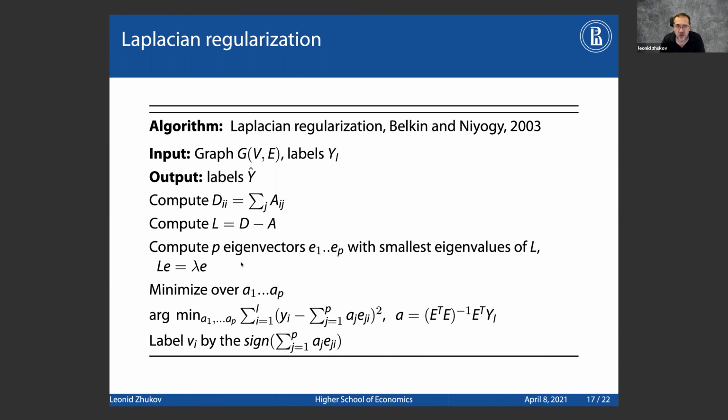And then you solve a minimization problem, because remember, we're looking at the functional. You solve the minimization problem for those eigenvectors by finding the coefficients that minimize the functional. And with those coefficients, you write the solution as a linear combination of the coefficients and eigenvectors.